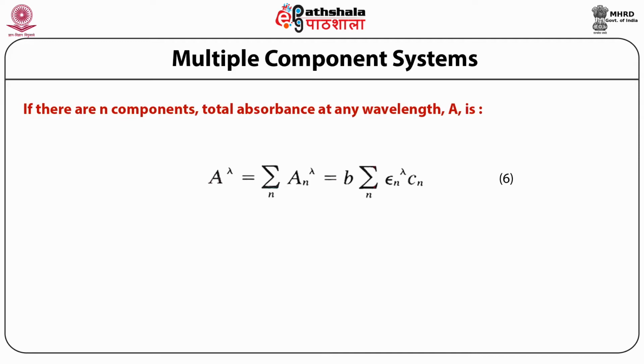Here, instead of species 1, species 2, species 3, it has been represented as n components, where n indicates the number of species, and the addition of which gives the total value.